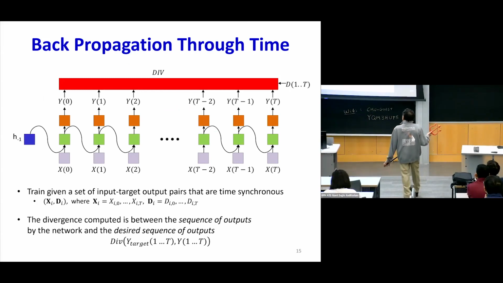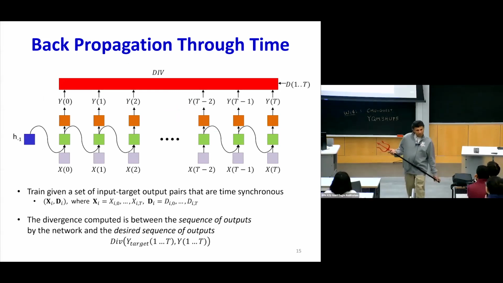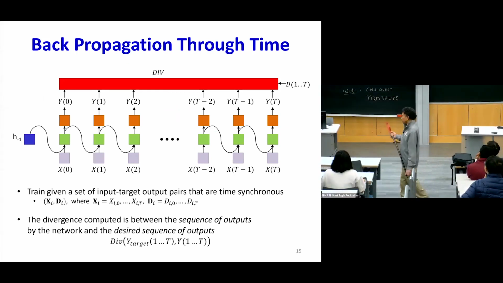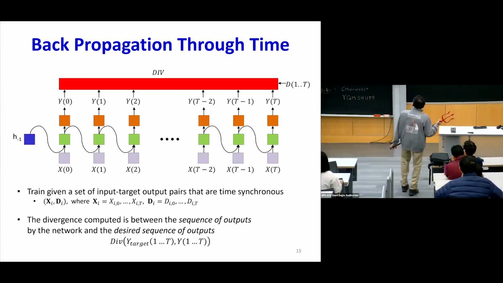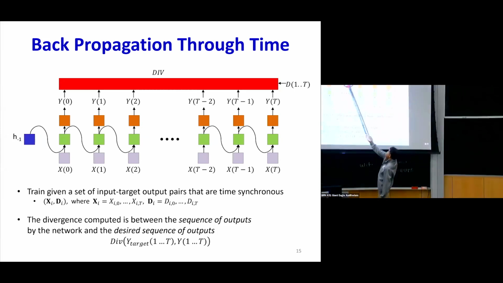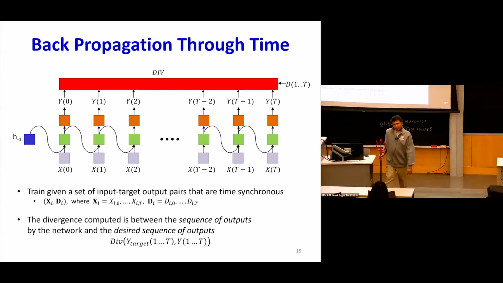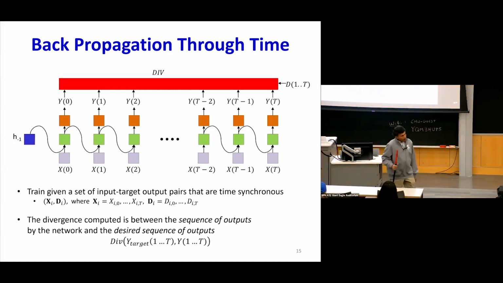Here we know exactly how to compute divergences and backpropagate them. You would be computing the divergence between the output and target sequences. The assumption is that this divergence, whatever it may be, can be differentiated with respect to every one of the outputs. If you couldn't compute that derivative, there's no derivative to propagate backwards.